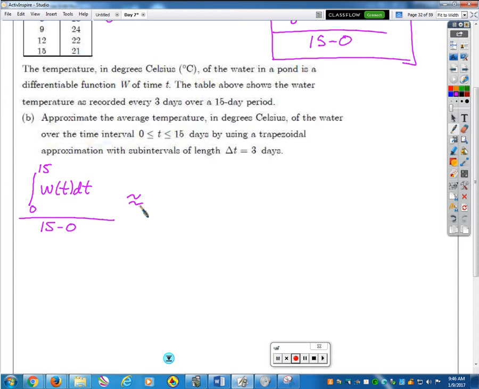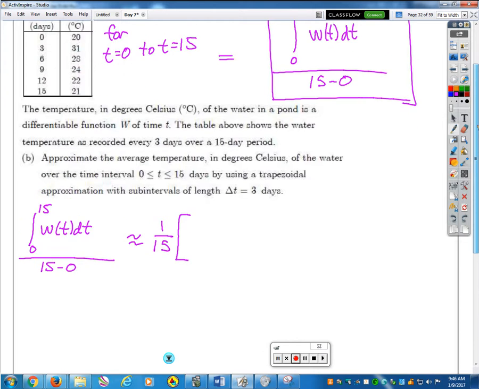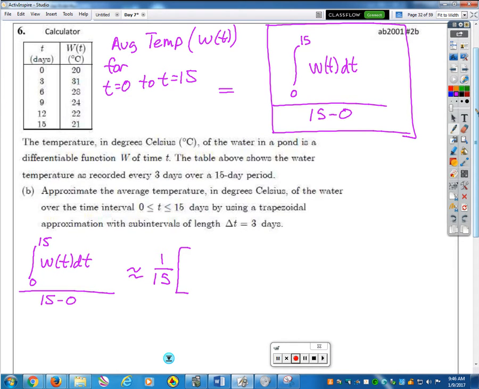The 1 over 15 I can just leave out in front. So we'll just do a few just to make sure we got it. Somebody tell me, what's the first term in the trapezoidal approximation? Let's do the W thing just to make sure. So it's W of 0 and W of 2.